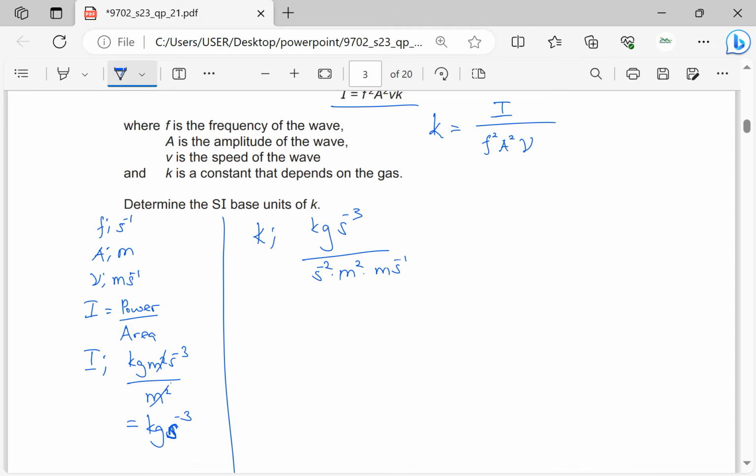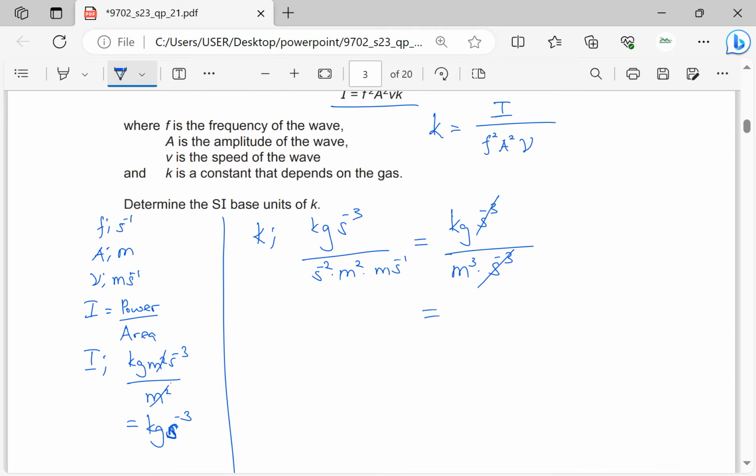So we just try to simplify the numerator and the denominator. It is kilogram S to the minus 3 divided by M squared times M, that is M to the power 3, times S to the minus 2 times S to the minus 1, it becomes S to the minus 3. So you will notice that S to the minus 3 cancels out.